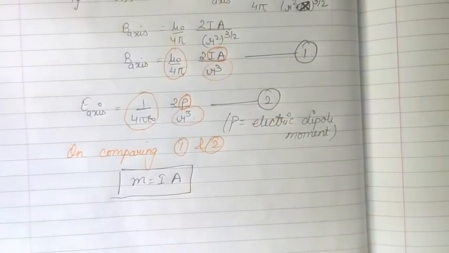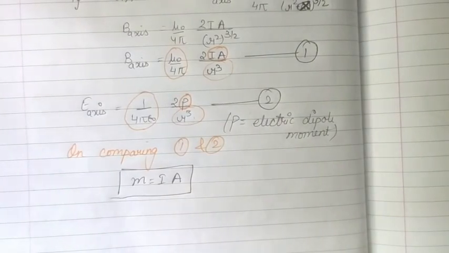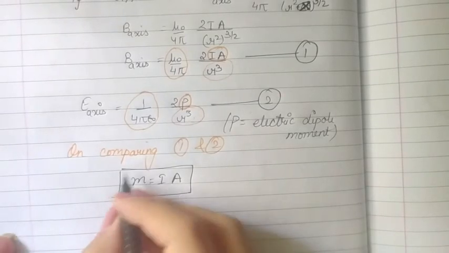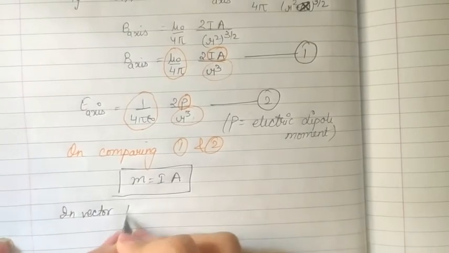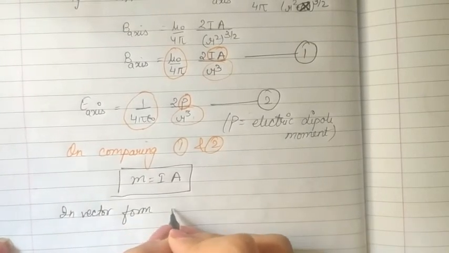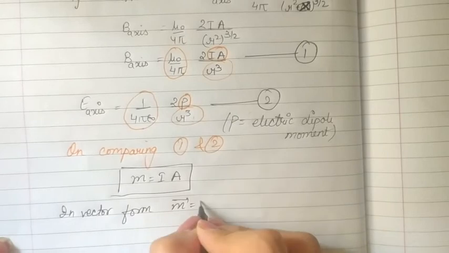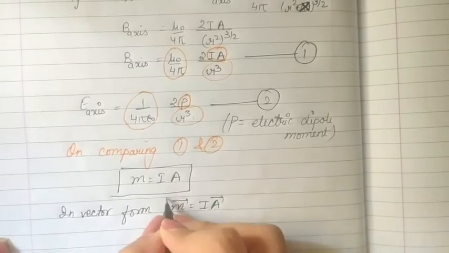Now if we want to represent it in vector form, we must know the direction of the magnetic dipole moment. According to this relation in vector form, we can write it as M vector is equal to I A vector.